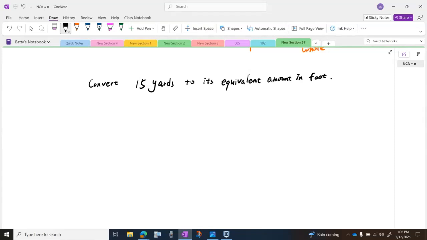So this is the problem. We're converting, so the goal is to write 15 yards as how many feet. So this is the problem.